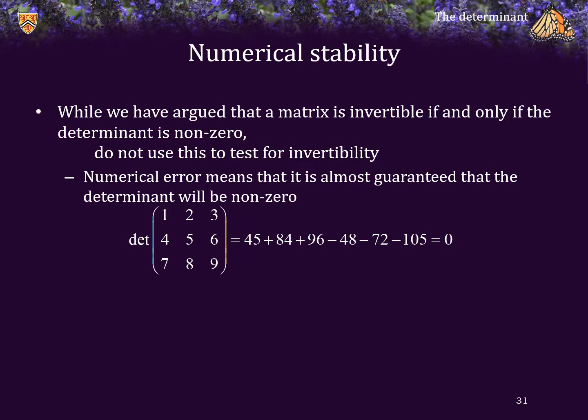For example, this matrix here is not invertible. The determinant is equal to 0. However, if I ask MATLAB to calculate this determinant, I get 6.666 times 10 to the negative 16. That's a very small number, but it is non-zero.